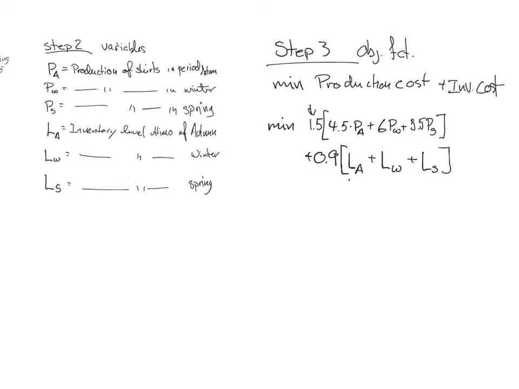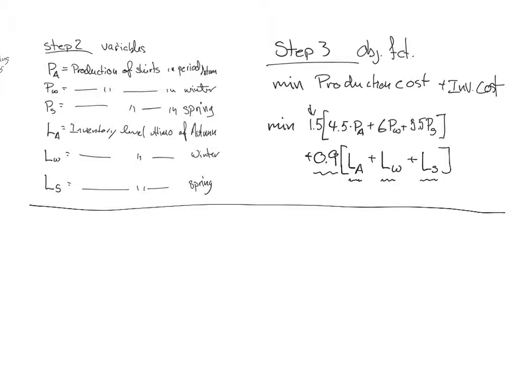So the amount we have on stock at the end of the autumn, the end of the winter, and the end of the spring times the inventory costs. So that's the objective function. We want to minimize the total cost of production plus the cost of having items in the inventory.